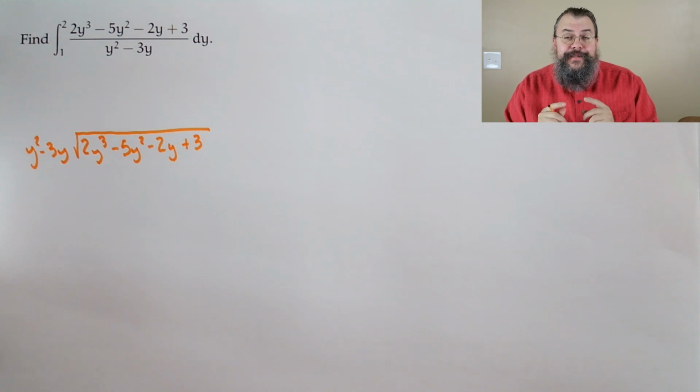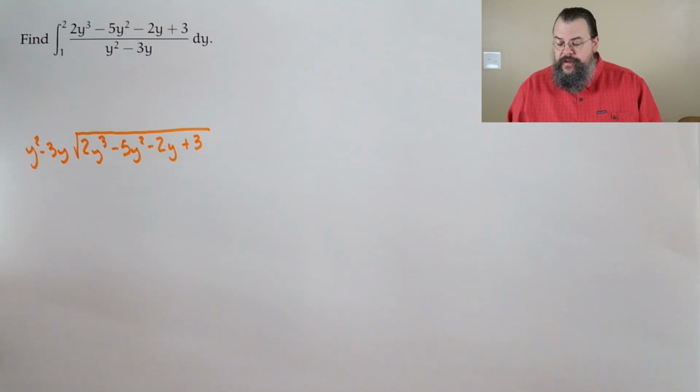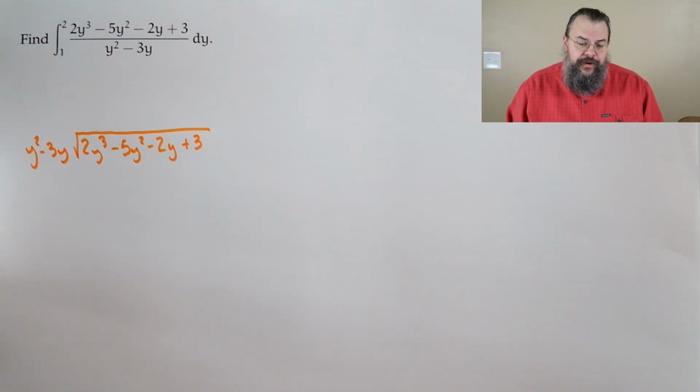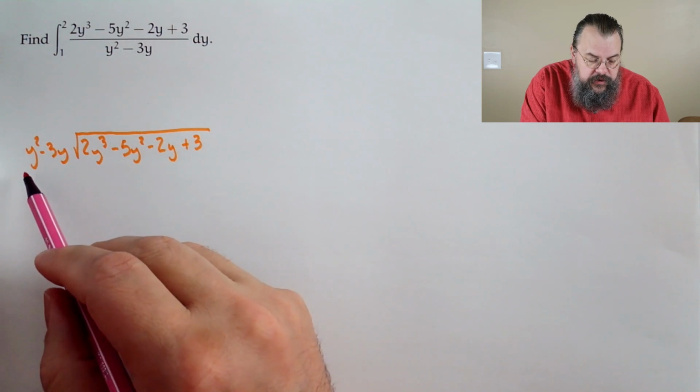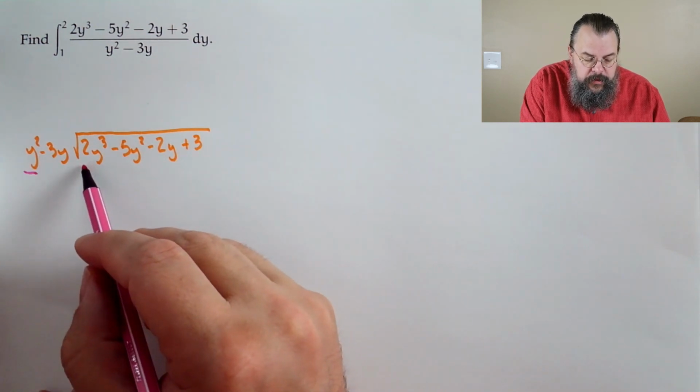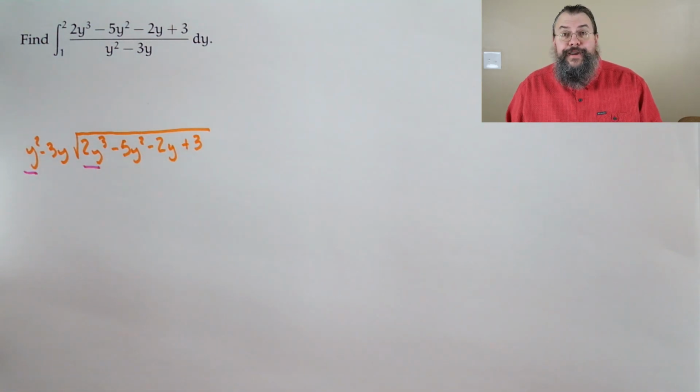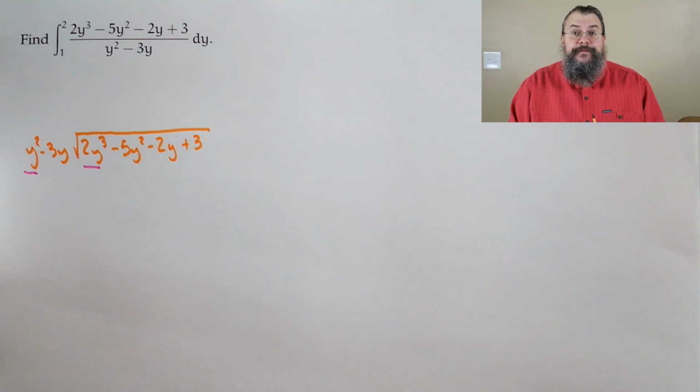Now, the way we do long division is we always ask ourselves the question, what's happening with our leading terms? So I have y squared. What do we need to multiply y squared by to get to 2y cubed? That's our question. That's actually not so bad, right?